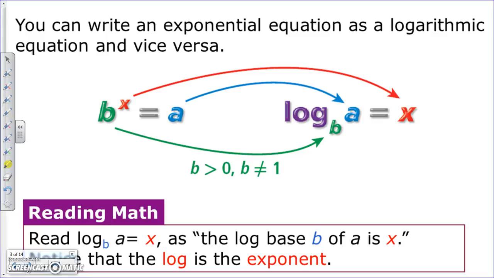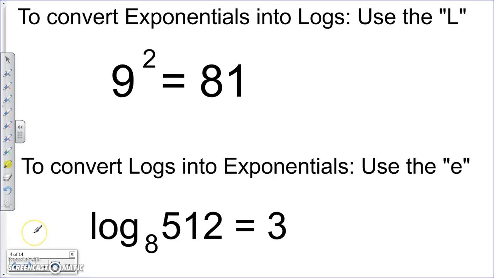There's a couple of tricks besides memorizing this back and forth, okay? We can use the L or the E to help us convert back and forth. So what I've given you right now is an exponential function, 9 squared equals 81. That's something that we know. I'm going to make this into a log, all right?